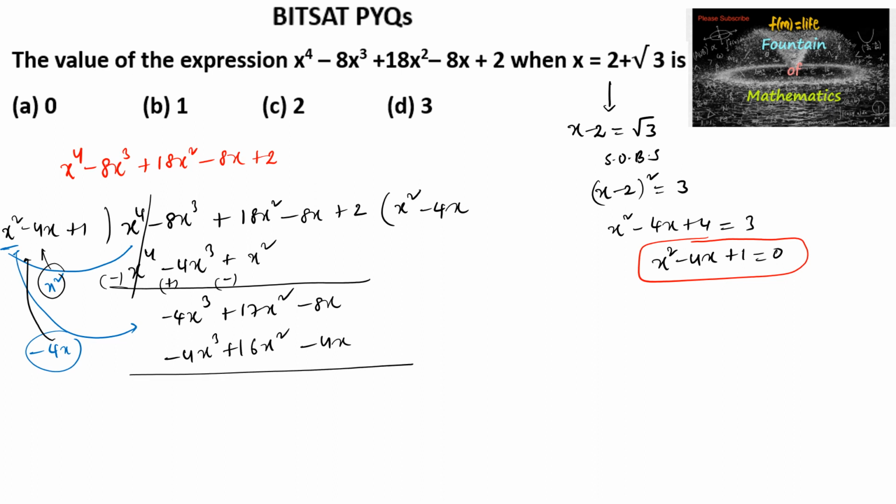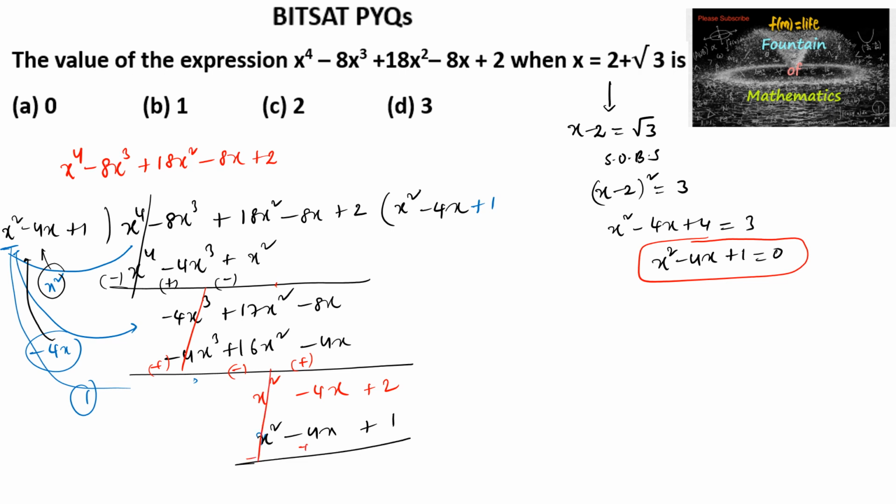So here by subtraction we'll get 17 minus 16, 1x square, and again here minus 8 plus 4 is minus 4x, and then plus 2. And now here again x square, so 1 times we will get, so 1 should be multiplied, so we'll get x square minus 4x plus 1. So the minus and plus get cancelled here, 2 minus 1 is 1.